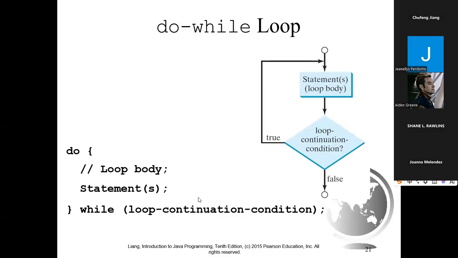So in this case, the loop body has been executed at least one time. If the Boolean expression is true, then some more iterations of the loop body will be conducted. This is for the while loop.